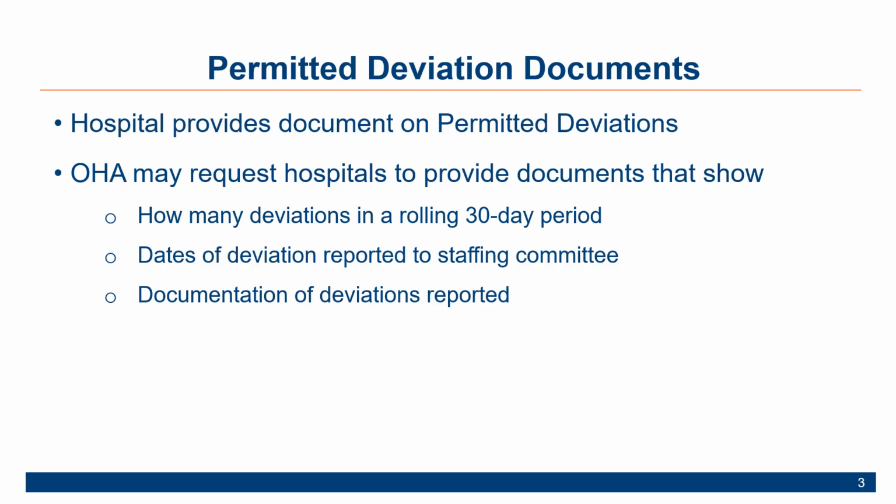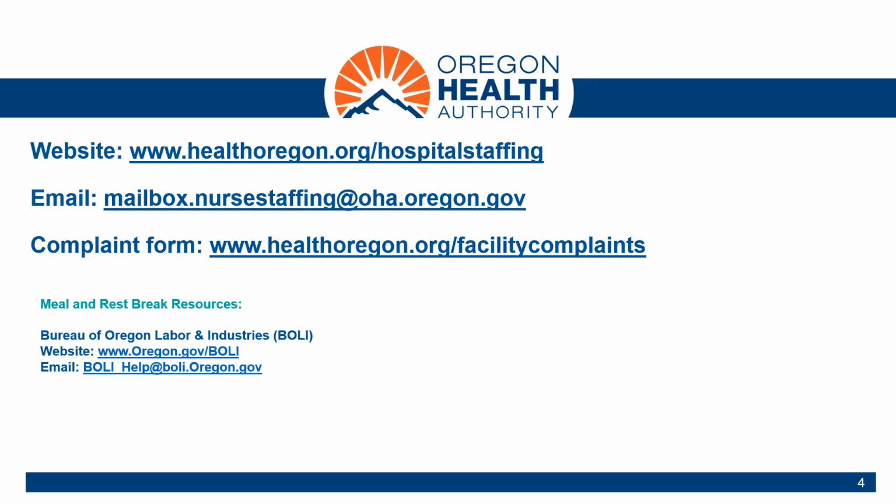If a hospital does not provide information in response to questions about permitted deviations, the OHA may determine that no permitted deviations occurred, or that a deviation does not qualify as a permitted deviation.